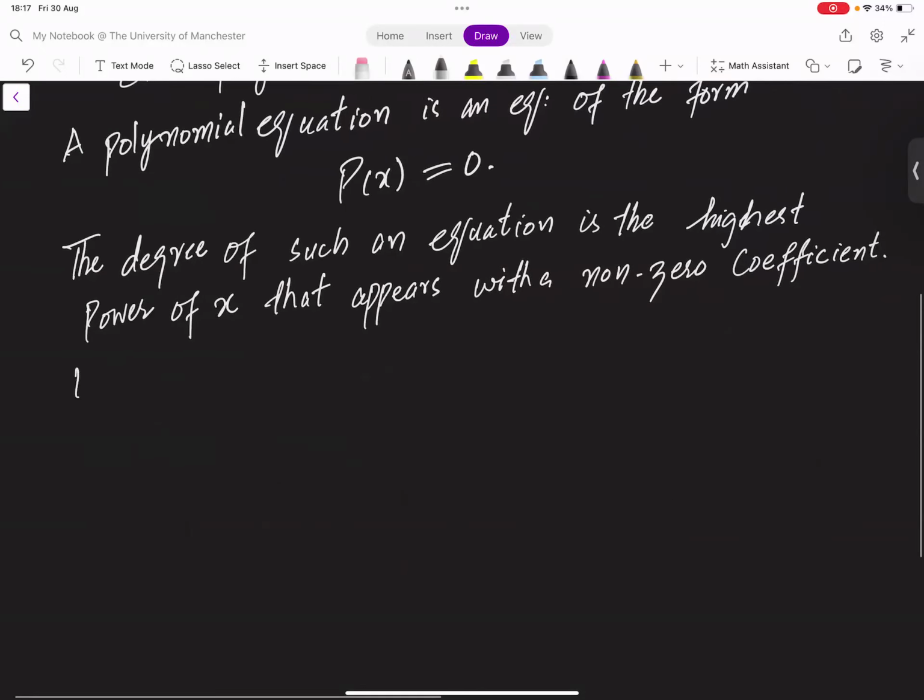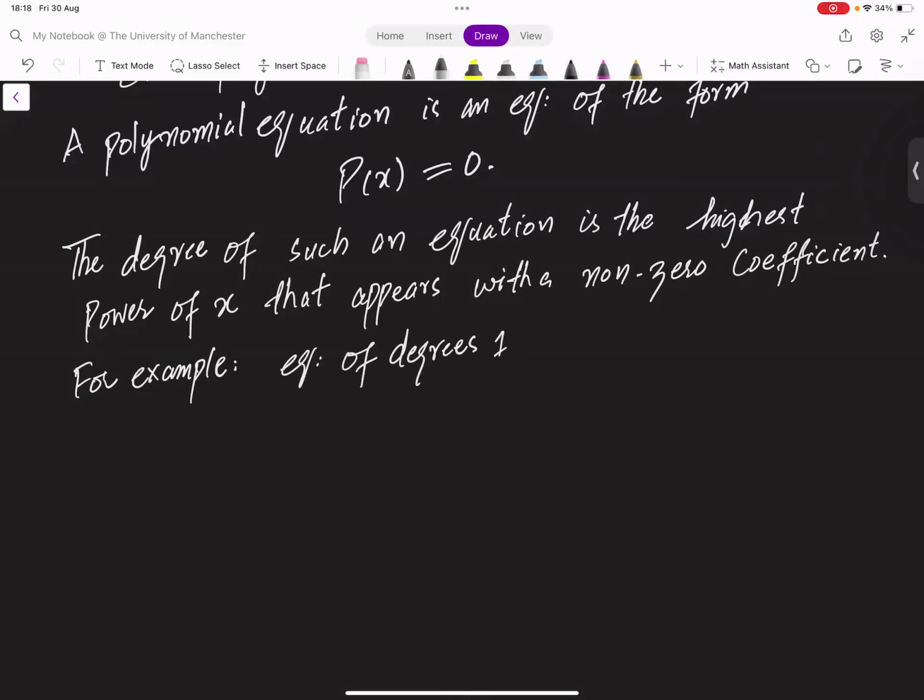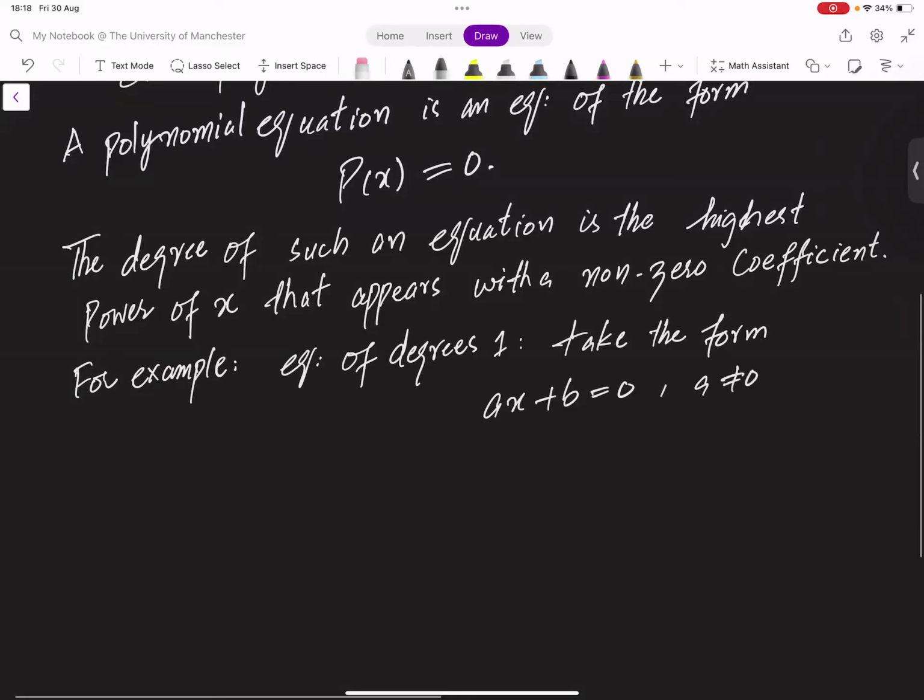For example, equations of degree 1 take the form ax plus b is 0, where a is non-zero.